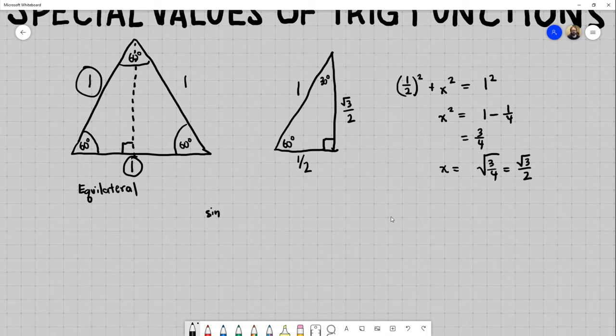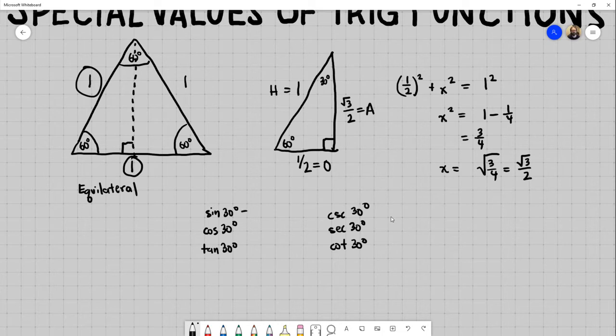We're going to need sine of 30 degrees, cosine of 30 degrees, tangent of 30 degrees, and then we're also going to need cotangent of 30 degrees, secant of 30 degrees, and cosecant of 30 degrees. So relative to the 30-degree angle, the 1 is our hypotenuse, the 1/2 is our opposite side, and root 3 over 2 is our adjacent side.